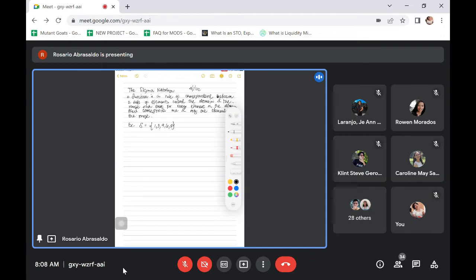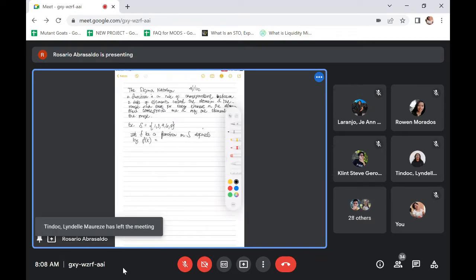So this is the element of S, and let f be a function on S. We are going to define it by f of x is equal to 2x plus 4.